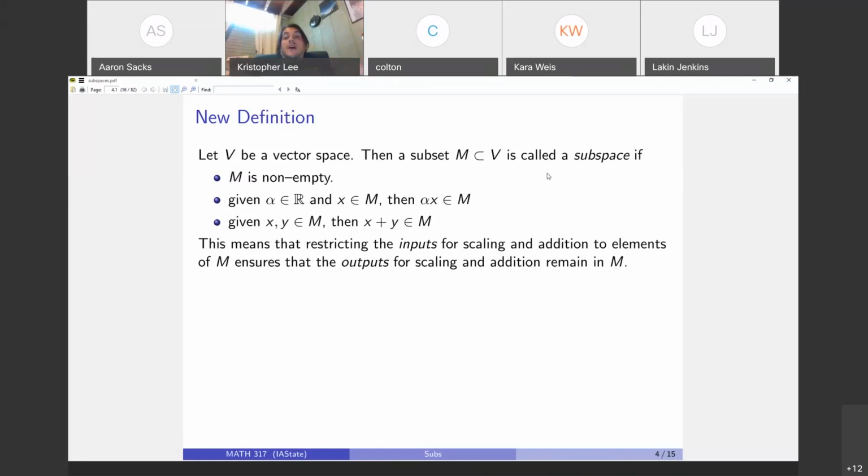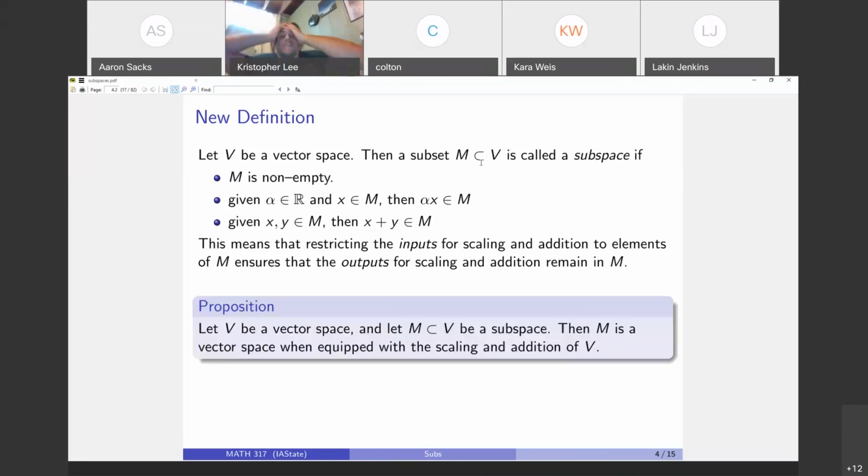So, a subspace M, a subset of V, is something we're going to now prove becomes a vector space itself, taking the operations from V and restricting their inputs to only things out of M. Right. So these two axioms, the requirements for being a subspace, tell us that those are well-defined operations on M, right?